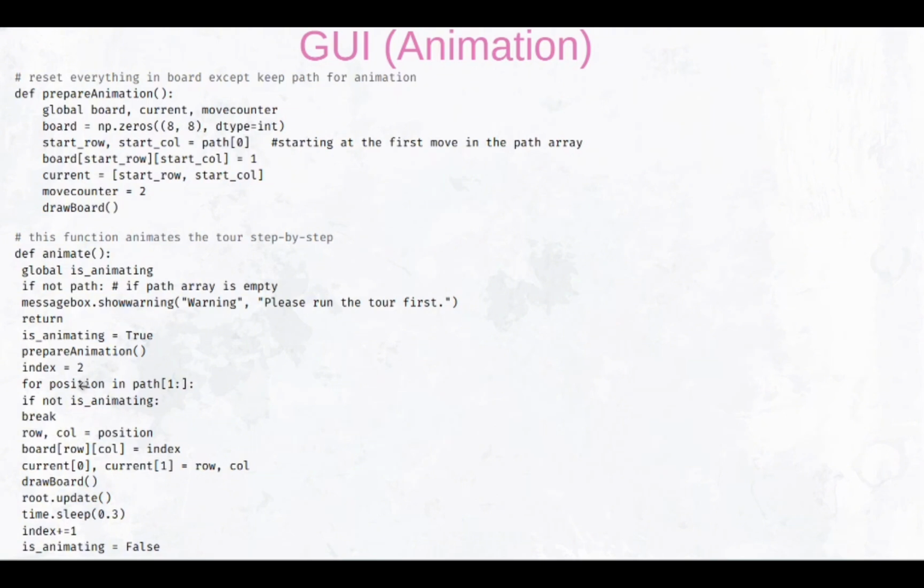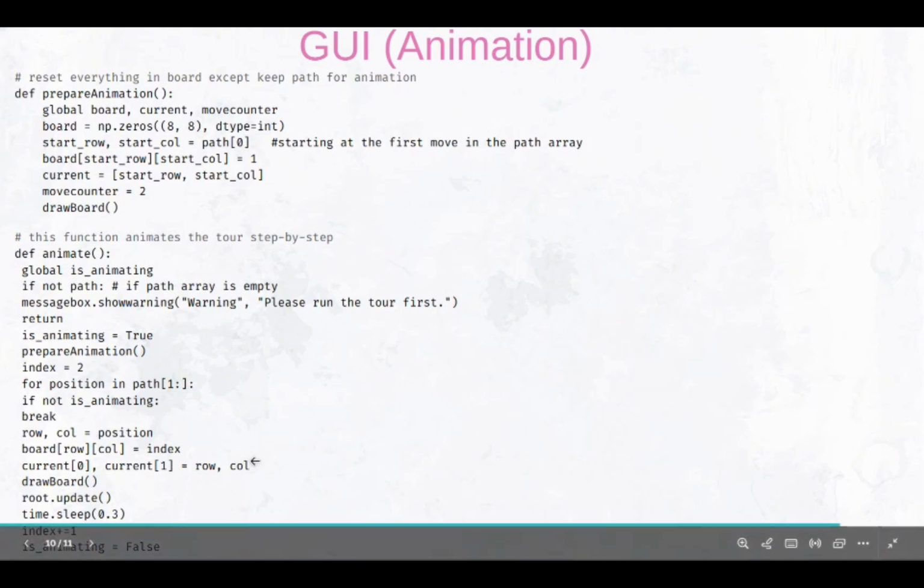From the position, we will find the row and the column, and from the row and column that we find, we will set the board equal to the index, because here it was first 1, but now it's equal to 2. And then we want to show with the number the knight. So we do this right here by setting the first current to be the row, and the second current to be the column.